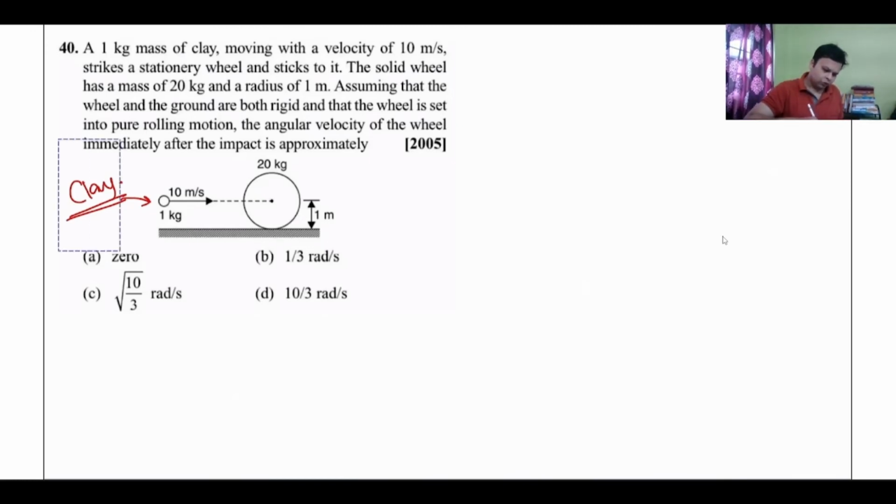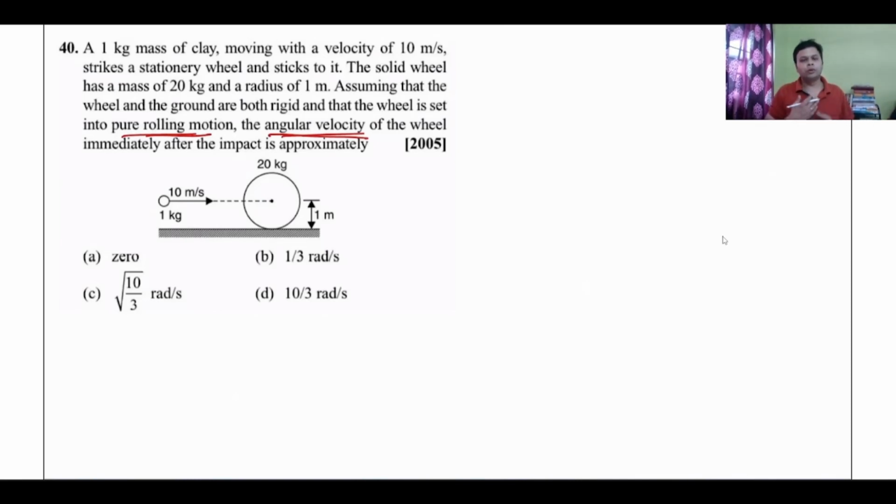Now, whenever you get a similar kind of question where collision is happening, immediately you should get the feeling that conservation of momentum should be the concept that needs to be applied here. So definitely some concept of conservation of momentum will come because it's a collision. Now if you pay closer attention, you'll see the terms angular velocity, rolling, pure rolling motion are coming.